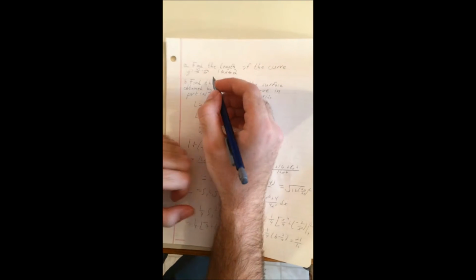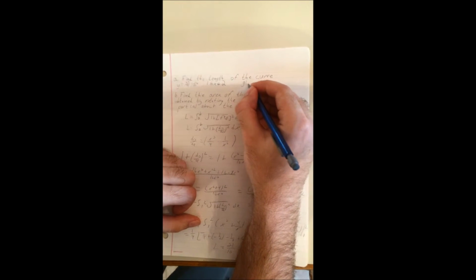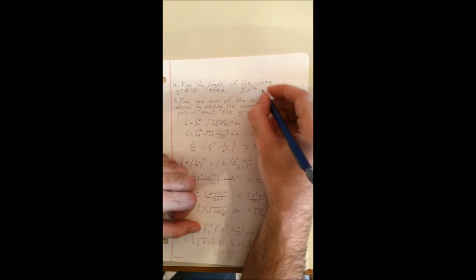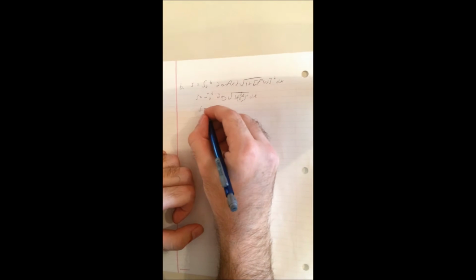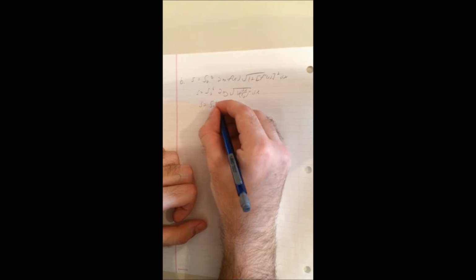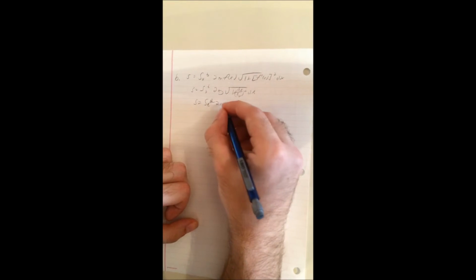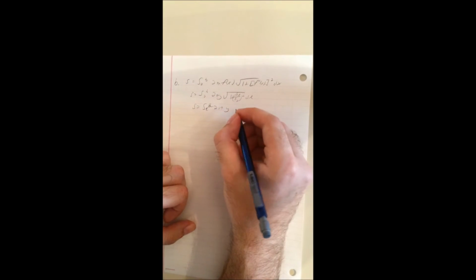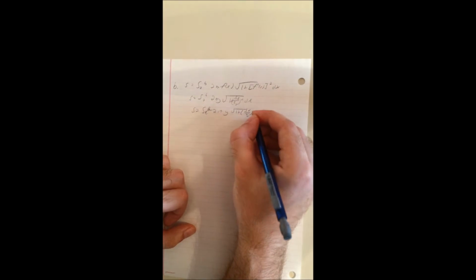And we have also a special property because this is in a certain form of x equals g of y, with c less than or equal to y less than or equal to d. We can write this formula again as S equals the integral from c to d this time, 2 pi y, radical 1 plus dx over dy squared, dy.